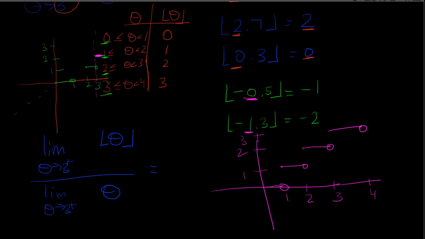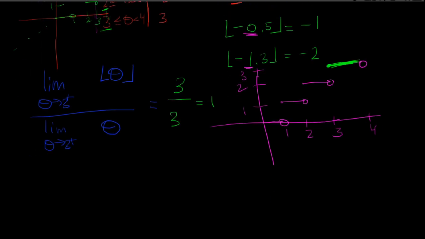So if I'm approaching it from the right, I'm coming over here from the right. That value is going to be 3. And as theta approaches 3 from the right, that's also 3. So my limit is just going to be 1.